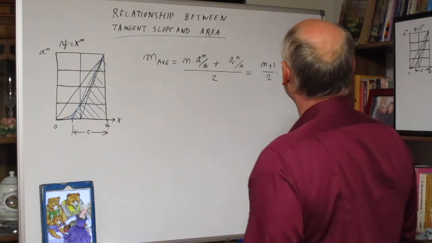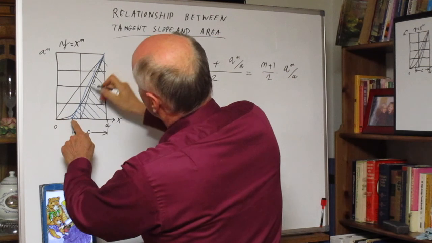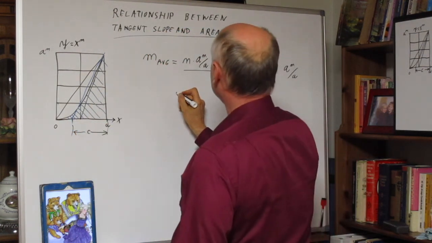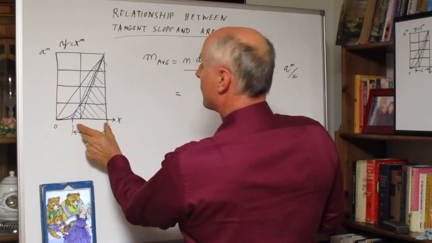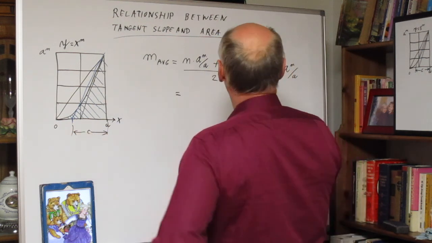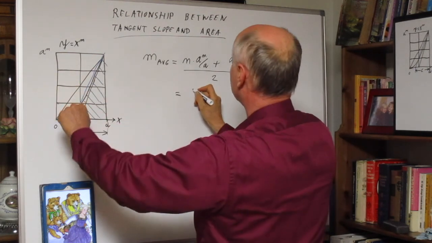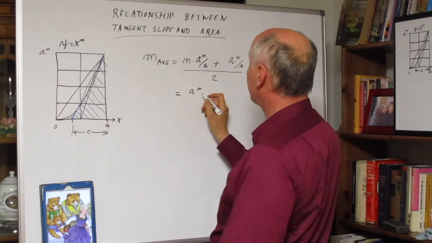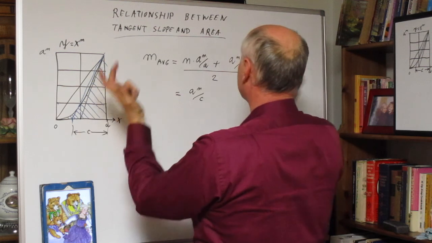But this average slope, the slope of this blue line over here, well, that also equals the rise over the run, right, of this. So that equals, what's the rise? That's a to the n divided by the run, which in our case is c.